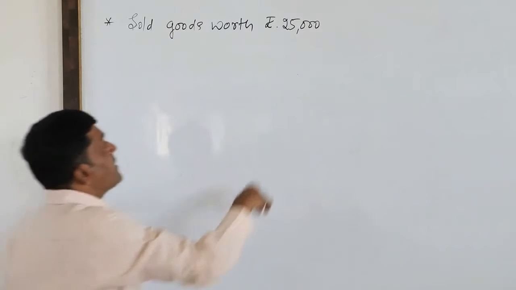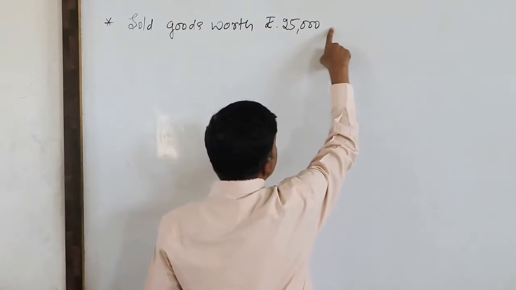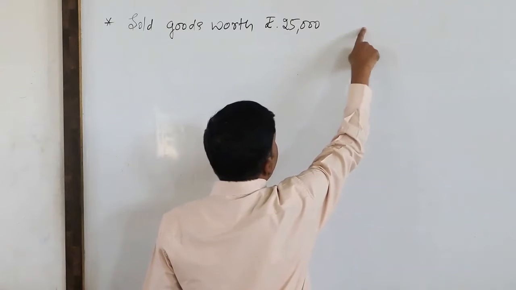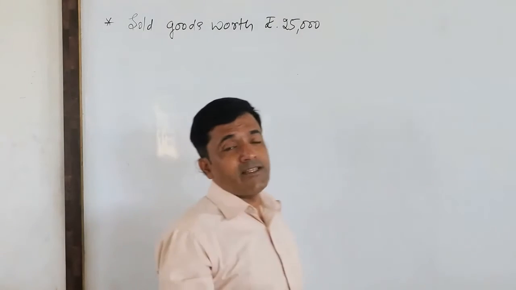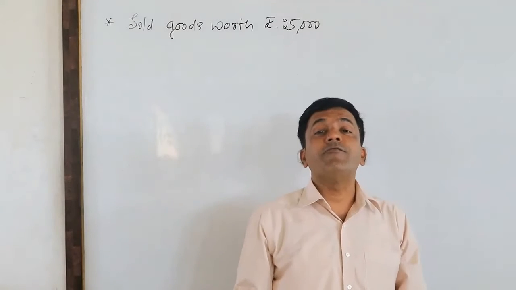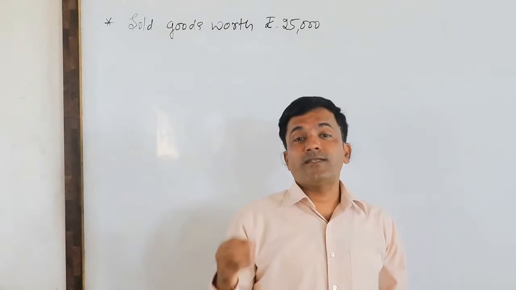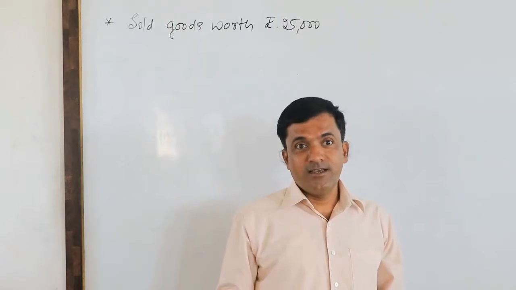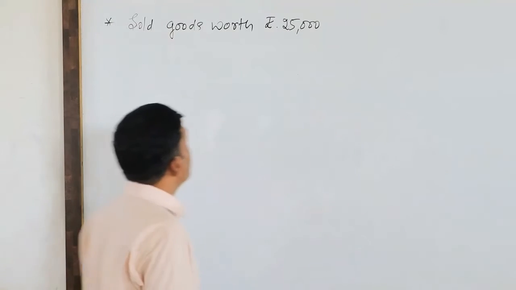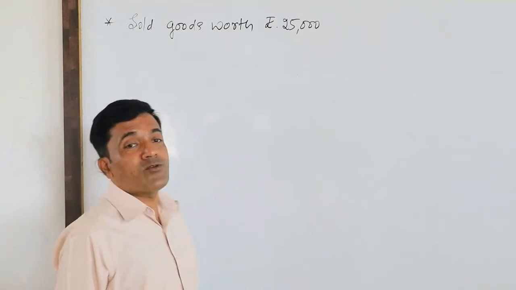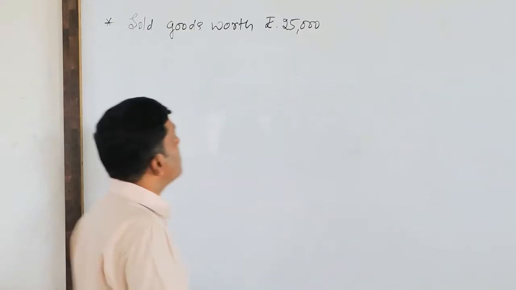Why? Because here they have not mentioned the purchaser's name at all. As I said in the initial videos, commerce begins with common sense. Keep in mind this sentence, very important. Common sense works here.